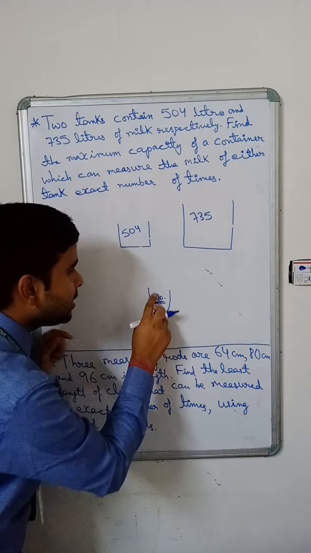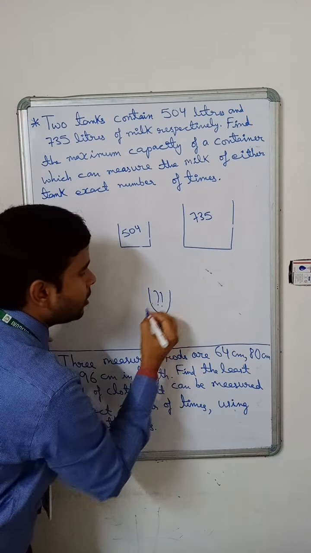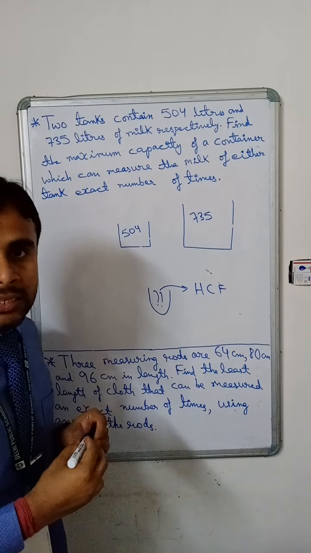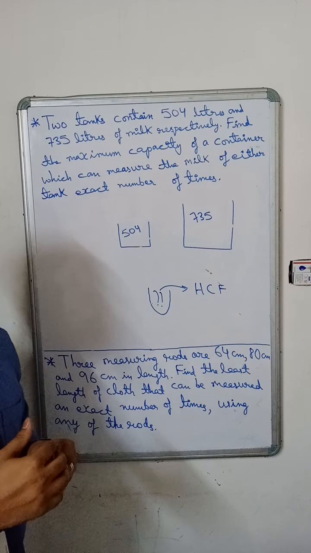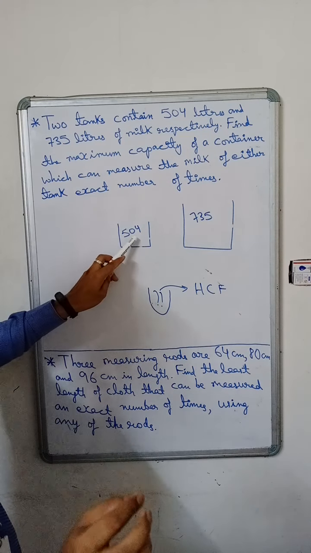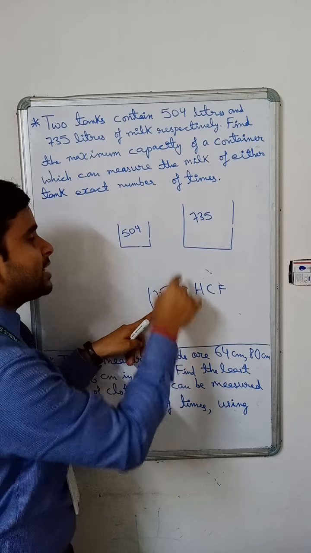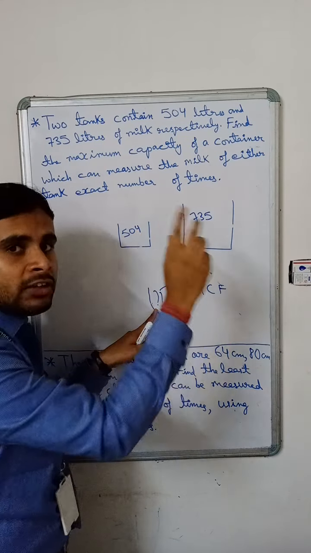And what is that number called? That number is called HCF. It means that in this particular sum, we have to find out the HCF of these two numbers, because I need a number which can exactly divide 504 without leaving any remainder.